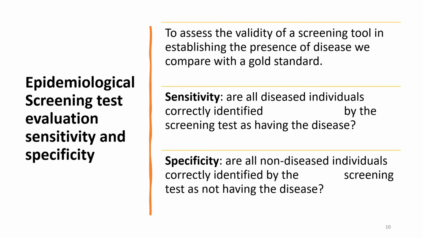But if you have the malaria and the test says you don't have the malaria, that is a false negative test result. So you use that kind of result to measure the sensitivity and the specificity of the test apparatus, in this case of an index.